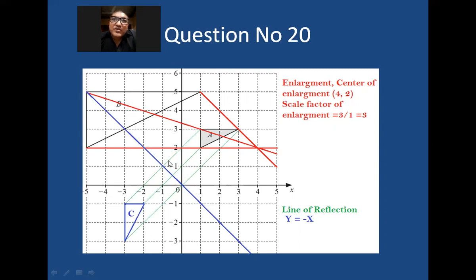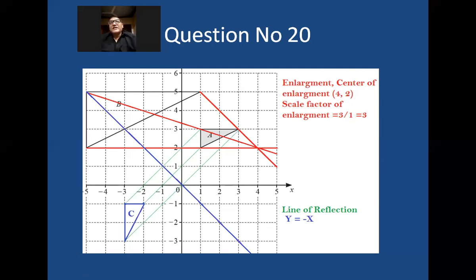Same you do with this point: you join it so that this green line makes a 90-degree angle with this blue line, and you prolong it. Whatever is the distance from here to here, the same is the distance from here to here. Same I did with this point. So this is how A will be reflected in the line y equals minus x, and its image will be formed, and I will label it as C.